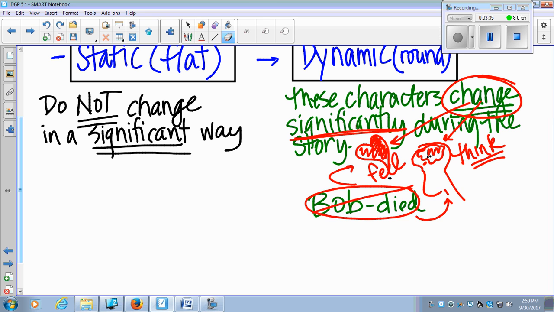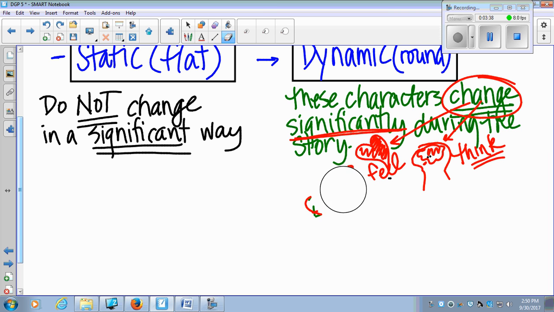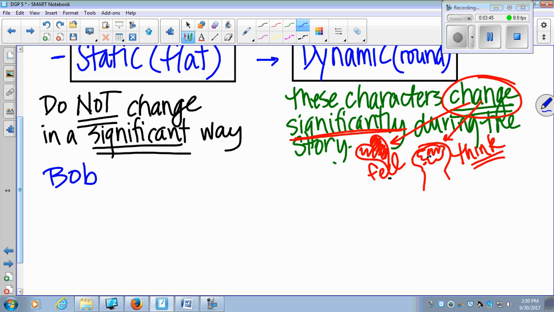So I'm going to take that completely off here. We're going to erase that because Bob does not have a change in the way he thinks or the way he feels. Him at the beginning of the novel, oh, did I spell that correctly? Beginning? I'm not sure. I can't talk and write very well. Those of you out in the YouTube world, my apologies.